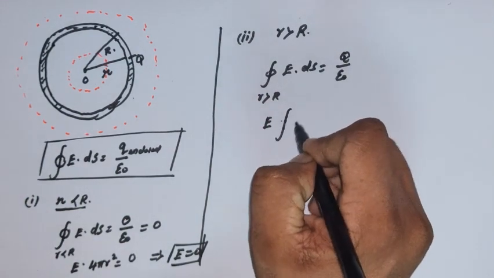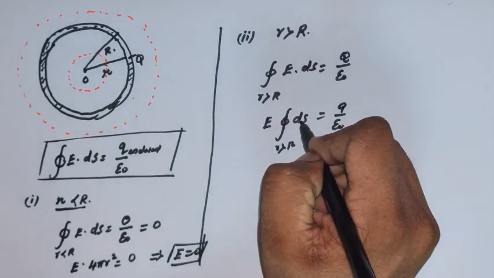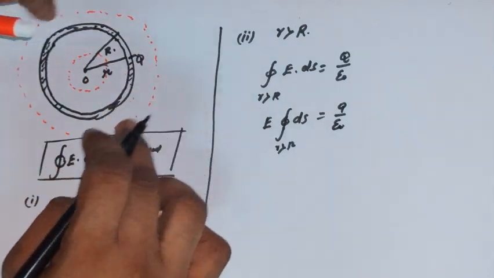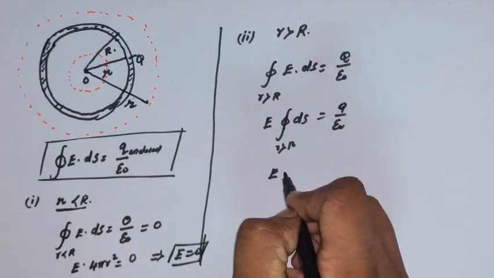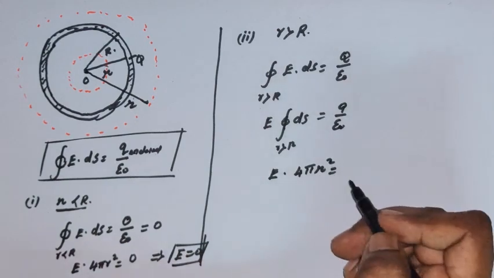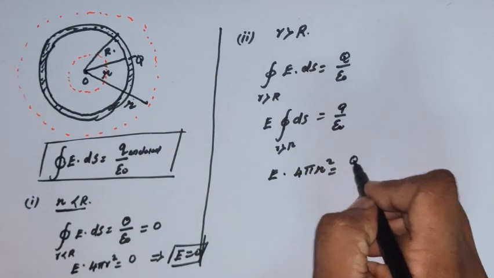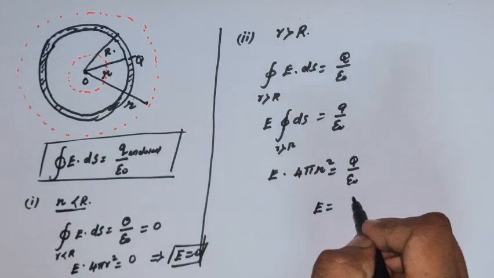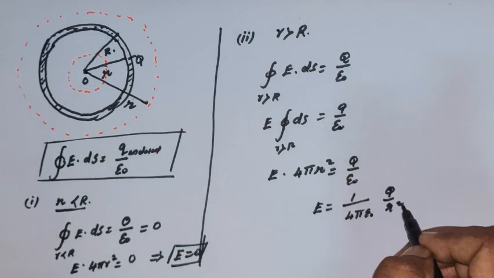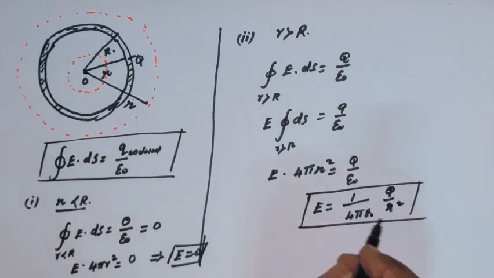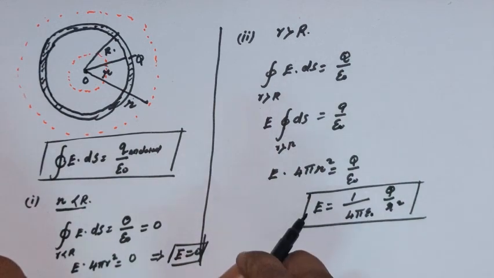Integrating dS over the whole surface area of the imaginary spherical surface of radius r gives 4 pi r squared. So E is 1 by 4 pi epsilon naught times q by r squared. The electric field is inversely proportional to the square of the radial distance, so as r increases, it decreases.